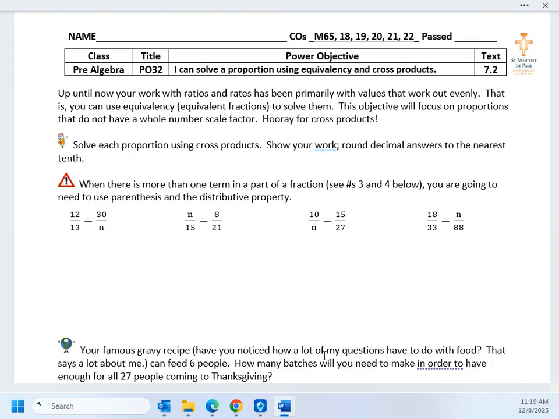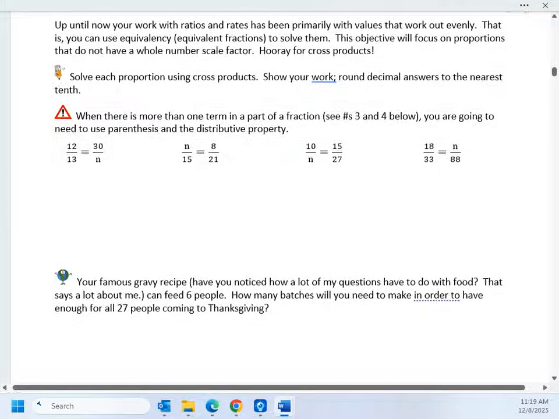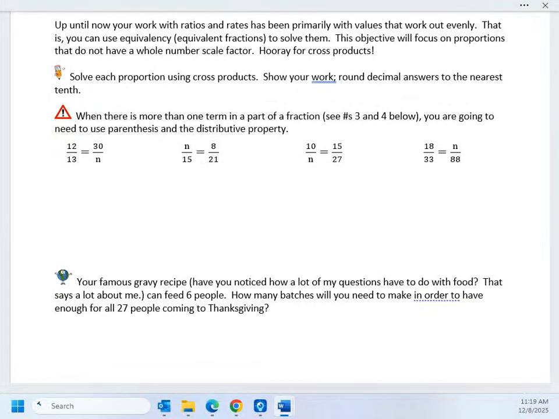So up until now, your work with ratios and rates has been primarily with values that work out evenly. So we can do that simplifying to see if they're proportional. Or multiplying by the same scale factor, we can do that easy. Now we're getting into the more, we're big kids, we need to be able to work out big kid math with those cross products.